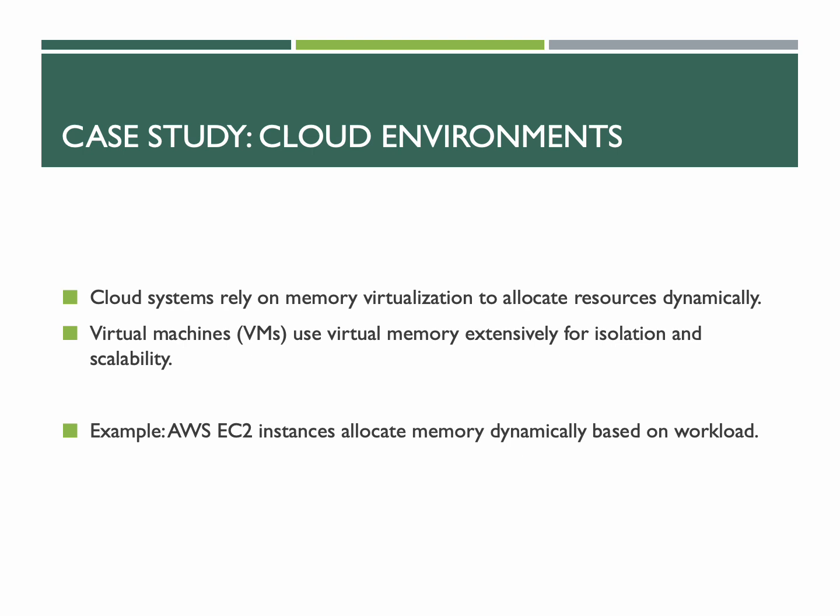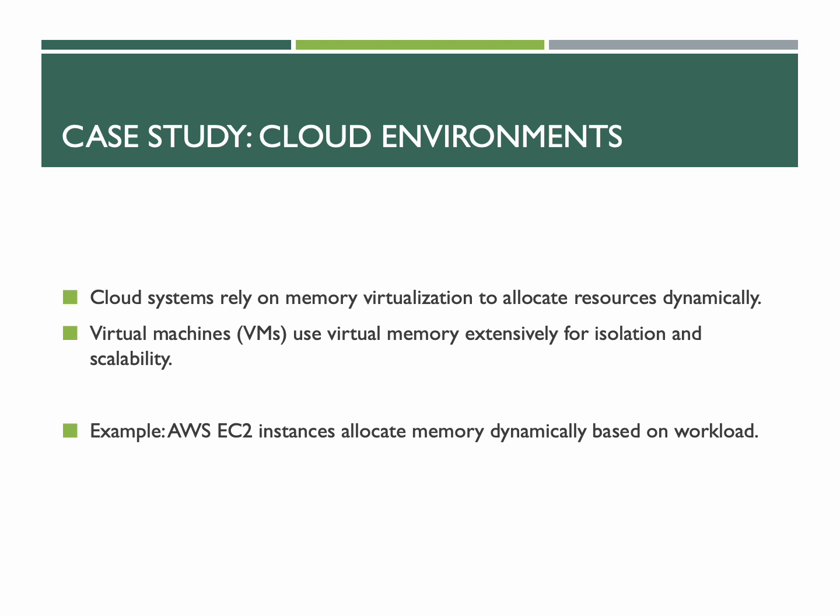So, virtual machines use virtual memory extensively for isolation, which ensures processes within one virtual machine do not interfere with another, and scalability, which is dynamically scaling memory resources as workloads increase or decrease. Next is an example.